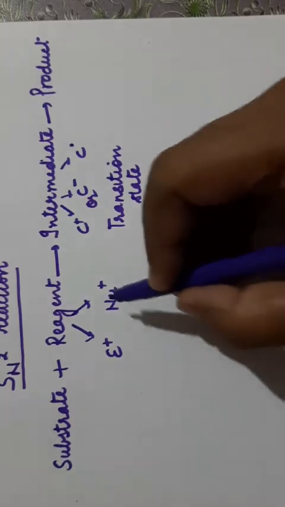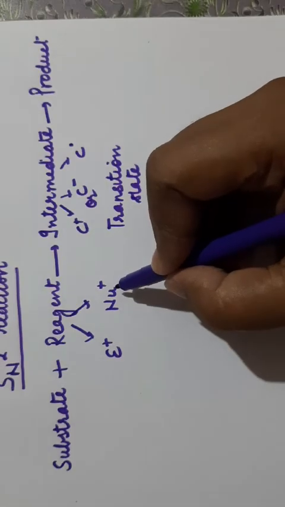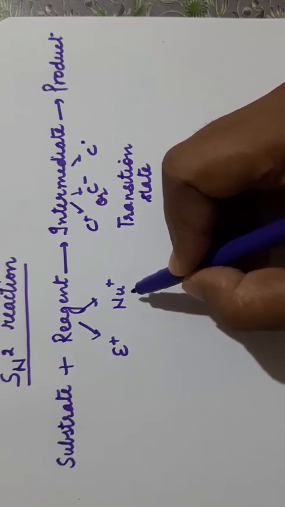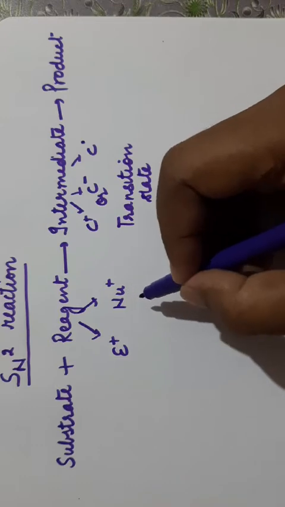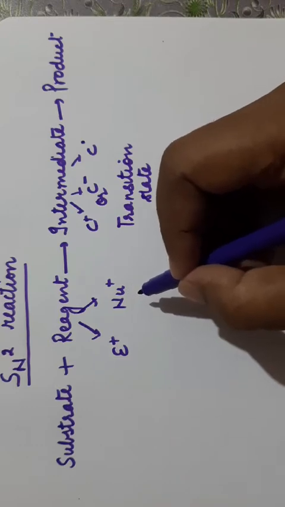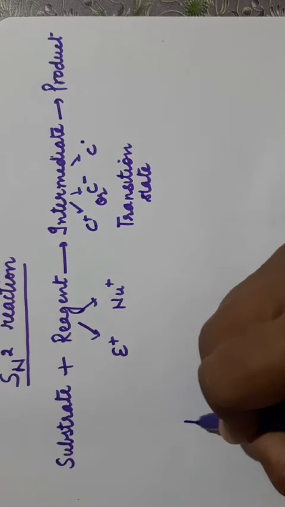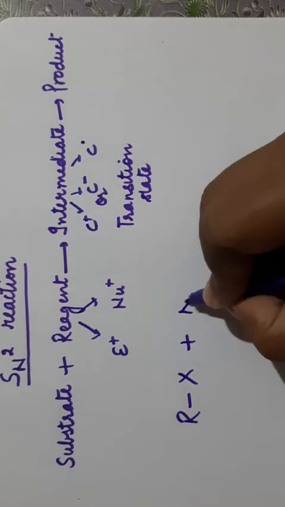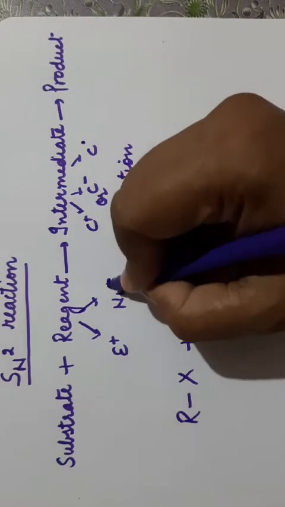Now whenever the attacking reagent is a nucleophile, that reaction is known as nucleophilic substitution reaction. Let me give you an example. This is RX. You are treating it with a nucleophile, which carries a negative charge.